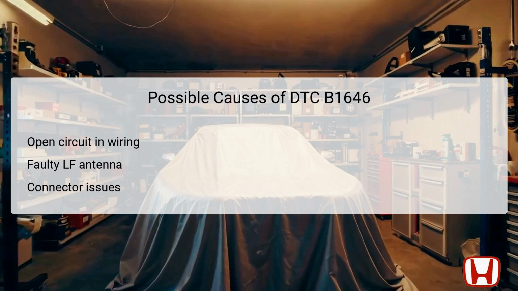Secondly, a faulty LF antenna itself may prevent the proper transmission of signals, necessitating a replacement of the driver's door outer handle that houses the antenna. Lastly, poor connections at any connectors involved can lead to intermittent communication errors, rendering the keyless access system unreliable. Each of these causes must be meticulously examined during troubleshooting to accurately identify the source of the problem.